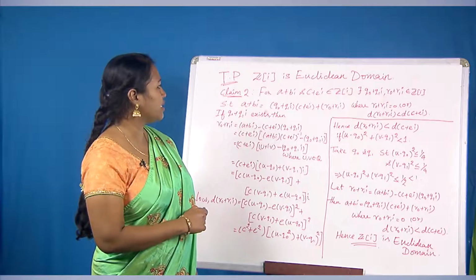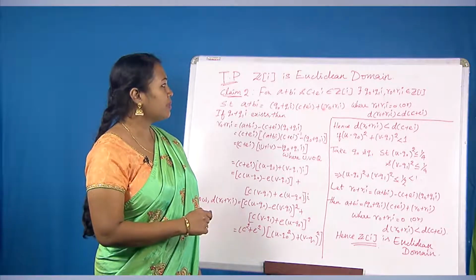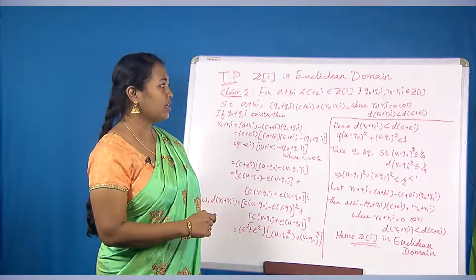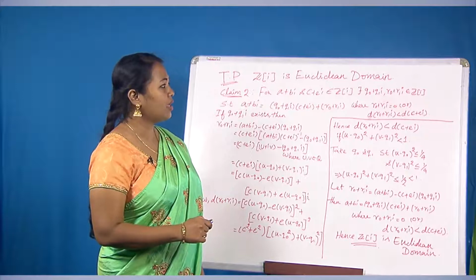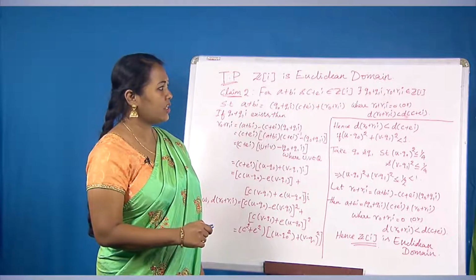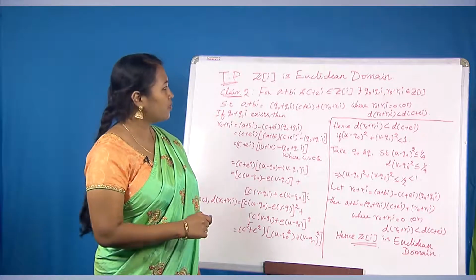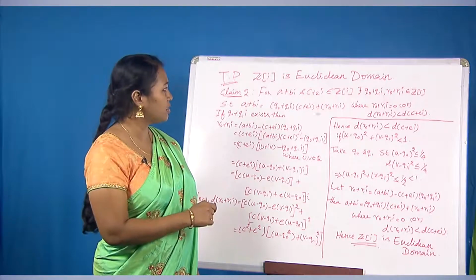So, A plus Bi is equal to (q0 plus q1 I) times (C plus Ei) plus (r0 plus r1 I), where r0 plus r1 I can be 0 or it can be of this form: d of r0 plus r1 I is less than d of C plus Ei. Now, this is clearly the division algorithm condition. So, we have to prove this.